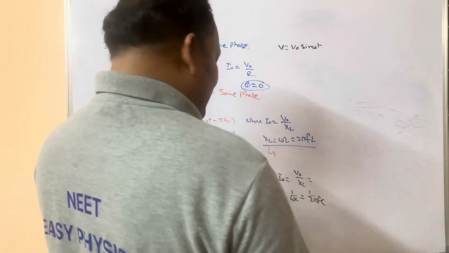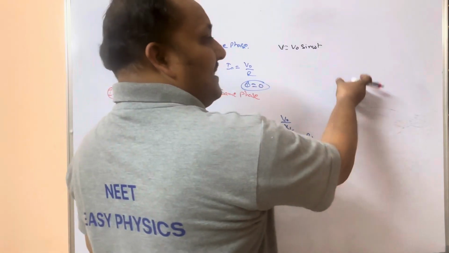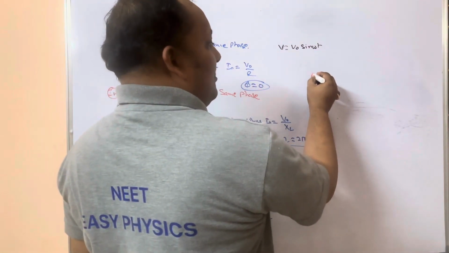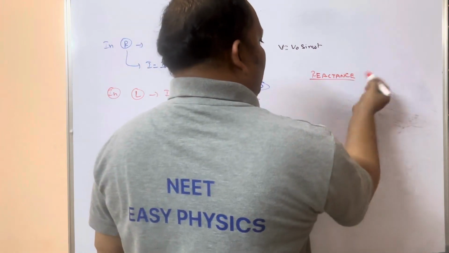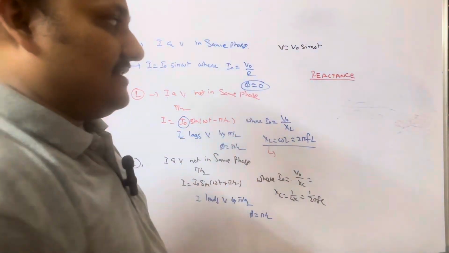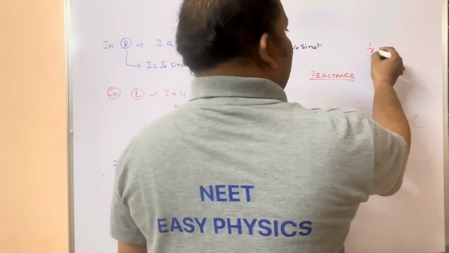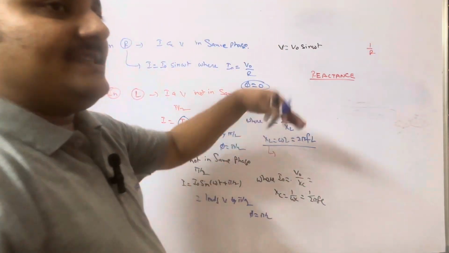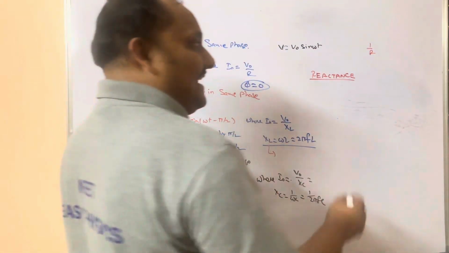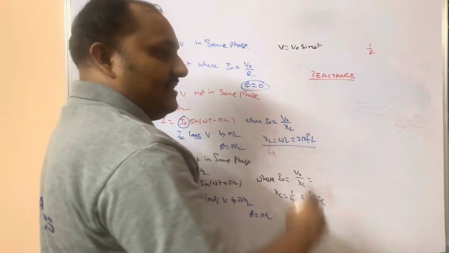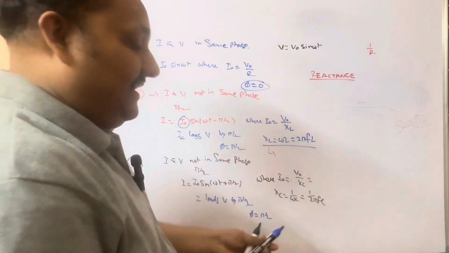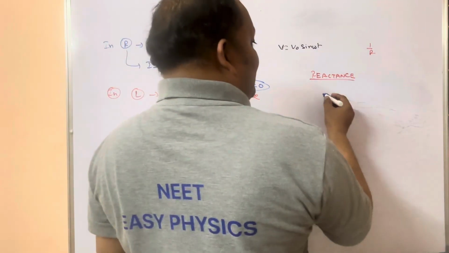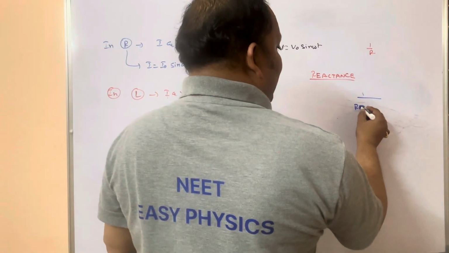Generally the resistance offered by any component to the flow of AC we call reactance. Reactance is nothing but resistance. Now what is the reciprocal of resistance? Reciprocal of resistance is conductance. Already we discussed in current density that the reciprocal of resistivity we call conductivity. Same like that, what is the reciprocal of reactance?